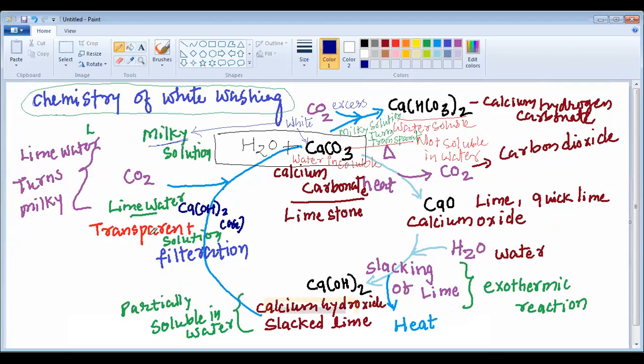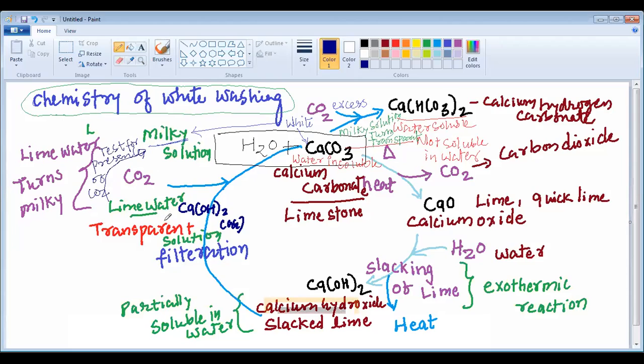So you can see that we take lime water, we pass the gas, and if the lime water turns milky on passing the gas, that is the test for the presence of CO2.